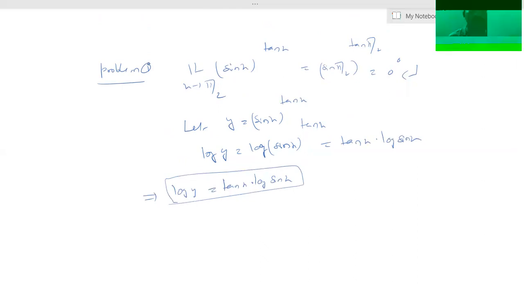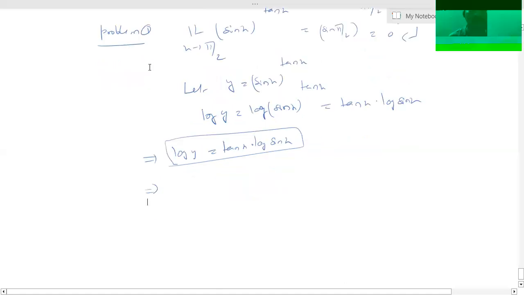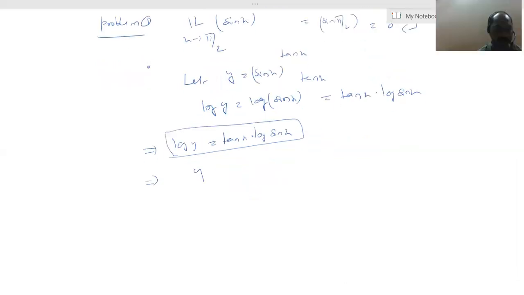So substituting the limit, we get tan 0, log of sin 0, 0 into infinity form. If you have any confusion, convert y equal to e power tan x into log of sin x.